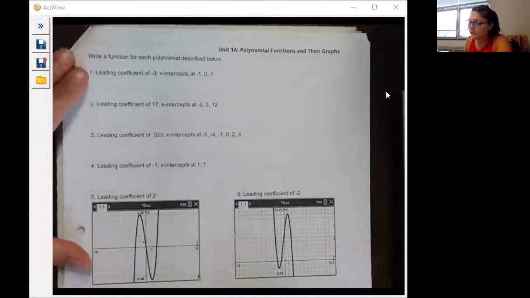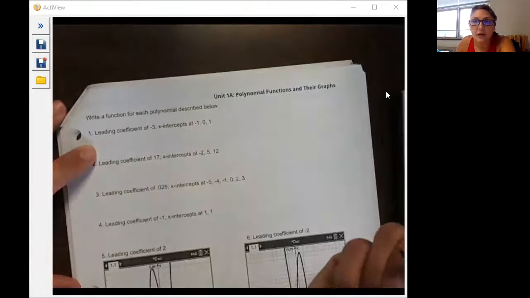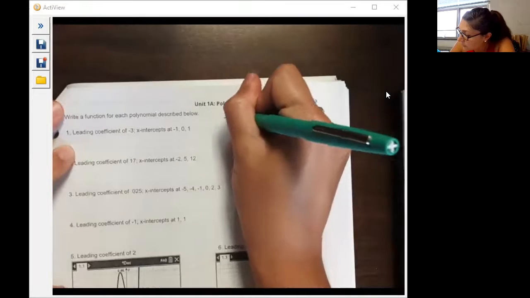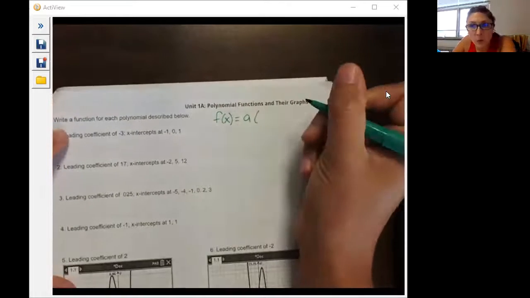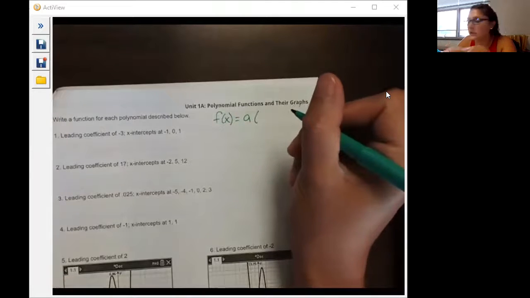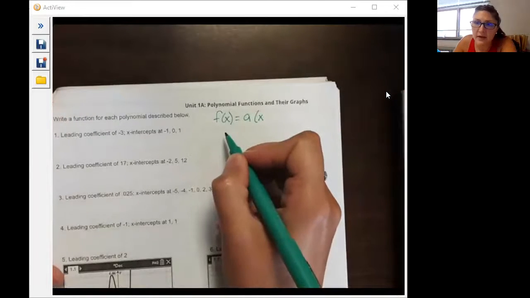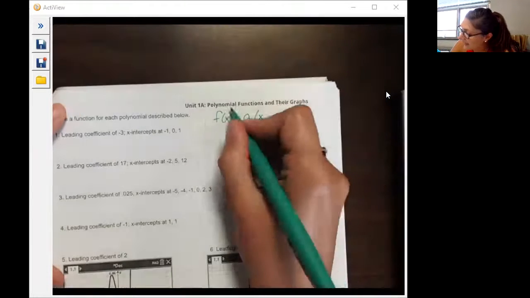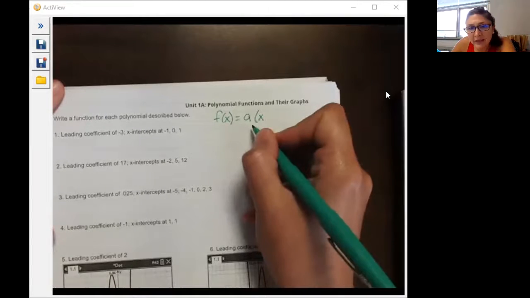On page 21, it gives us our lead coefficient and our x-intercepts for our polynomial function. Every polynomial that we're going to write for today is going to have this basic form that we're just going to plug stuff into. If you want to use y instead of f of x, that's fine. I don't care. It's up to you. But we'll have f of x or y equals whatever our lead coefficient is.